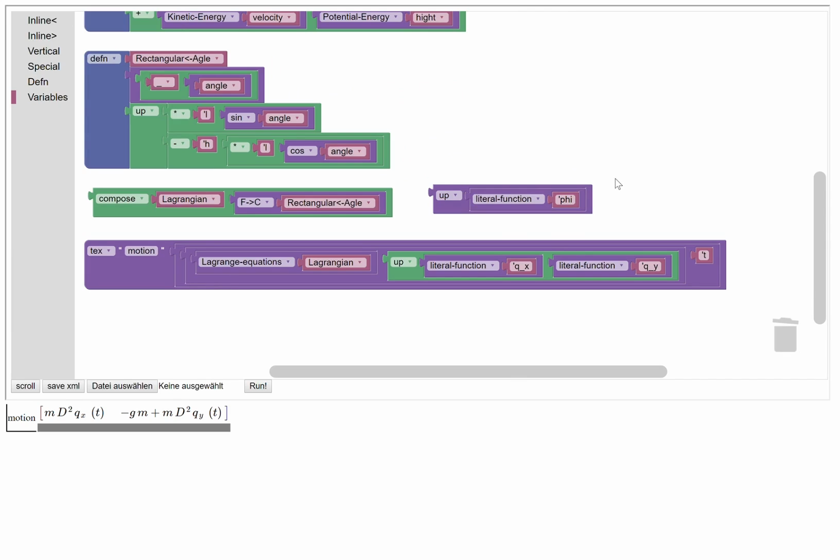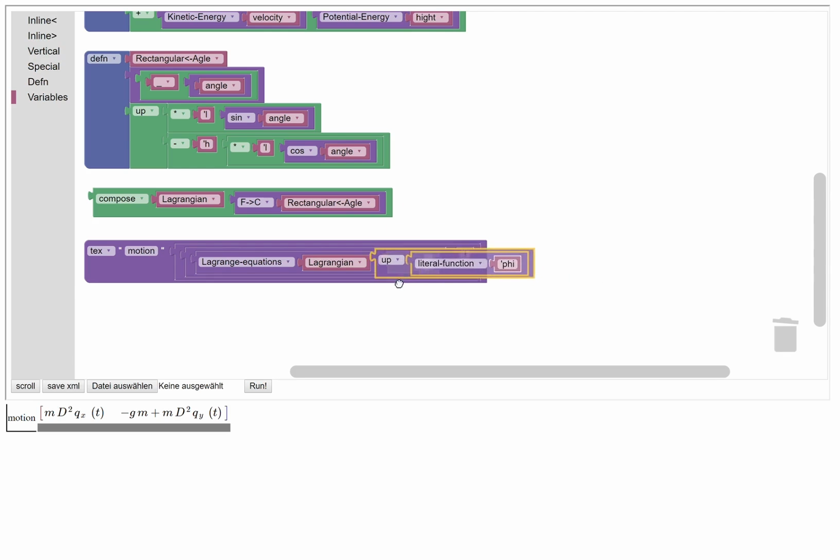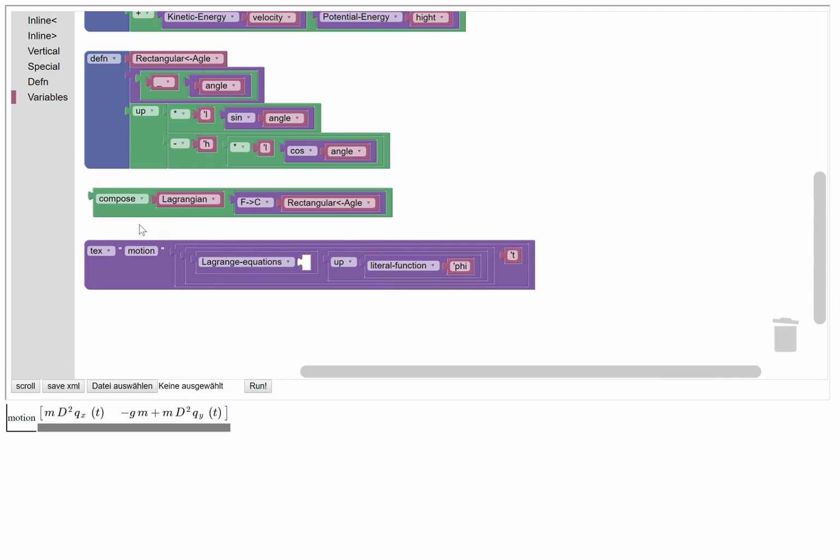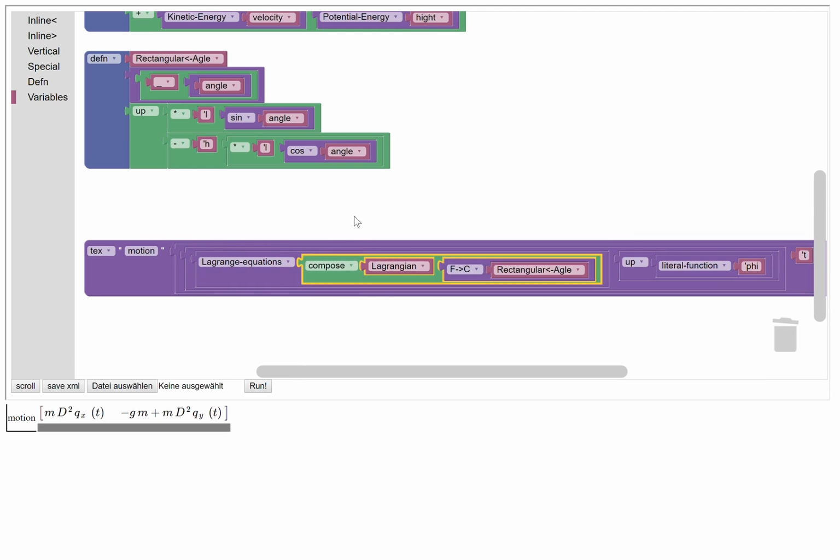We can do the functional replacements now. Running the workbook delivers the equations for the pendulum.